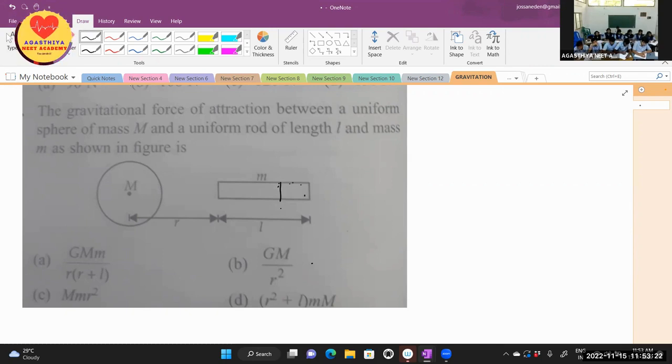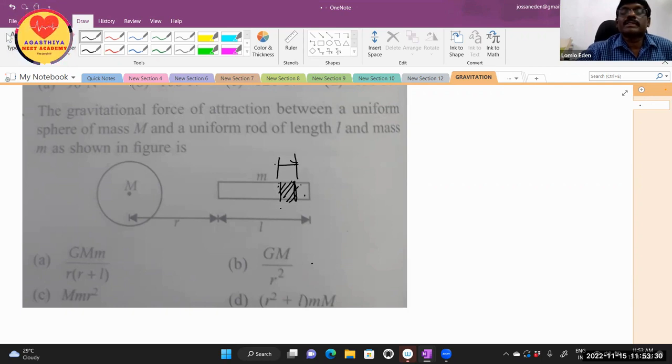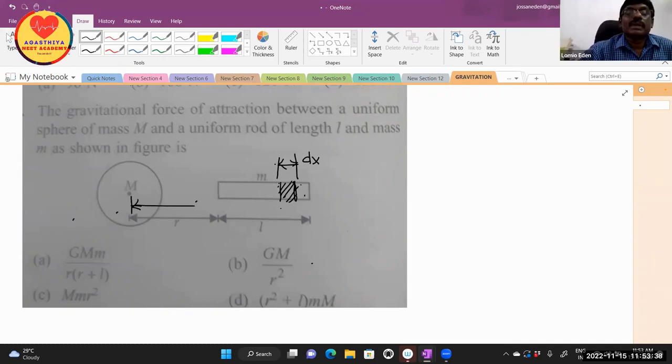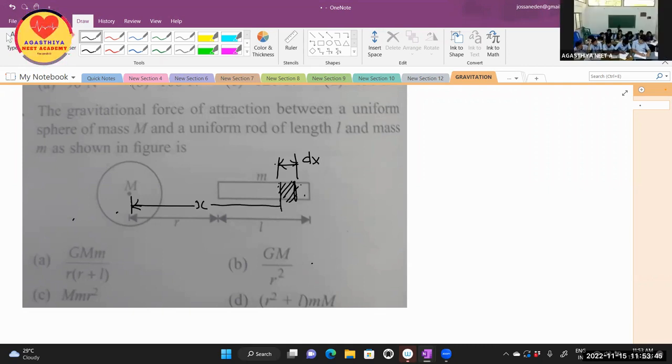Here, I am taking a small portion of this rod of length dx. The position of this small portion is at a distance x from the center or centroid of the mass capital M.